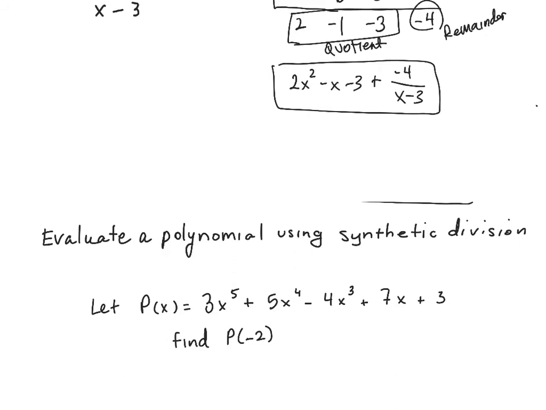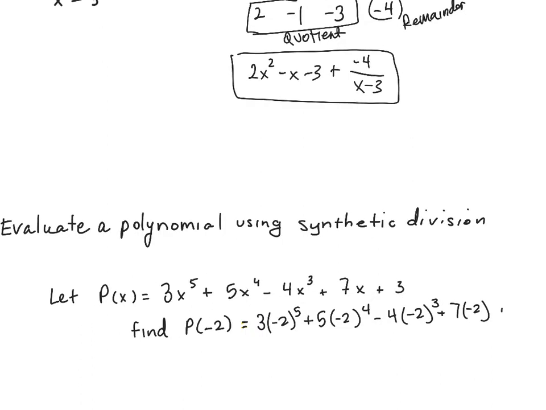So if we're given a polynomial here, for example, find p of negative 2, what we did in section 2.1 was simply plug in the negative 2 for all the x's, and then evaluate. Like this, and it takes a little bit of work to do by hand.